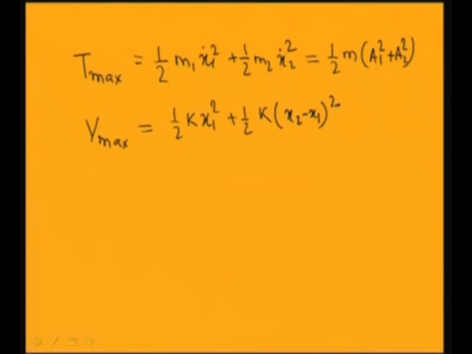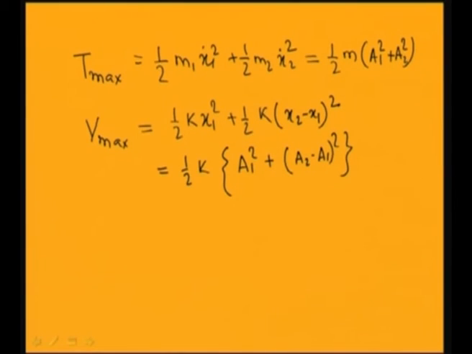So the total potential energy of the system becomes half k x1 square plus half k x2 minus x1 square. By substituting the maximum values x1 equal to a1 and x2 equal to a2, I can write this as half k times a1 square plus a2 minus a1 whole square.